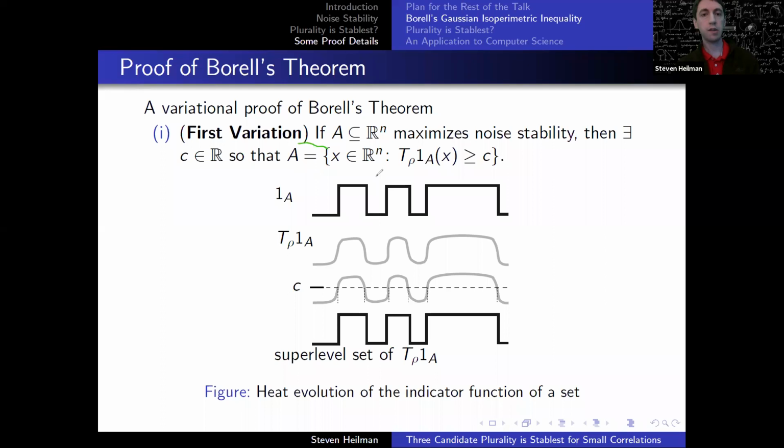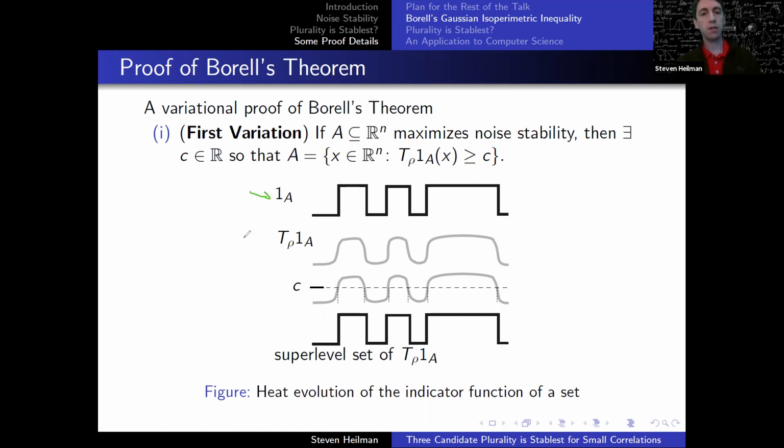This A is equal to a super level set of the Ornstein-Uhlenbeck operator applied to indicator A. That's just what you get from first variation. That is taking a first derivative, like taking a first derivative with respect to squishing your surface in a small region or something like that. So here's a pictorial demonstration of what's meant by this. We start out with indicator A.